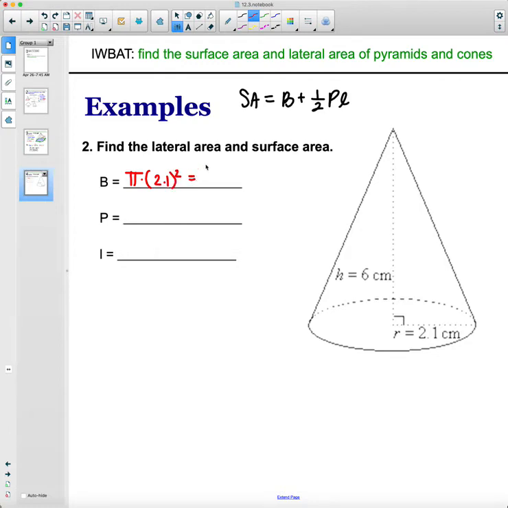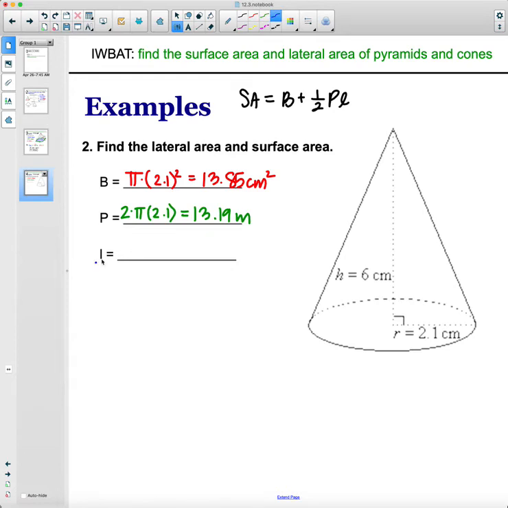Okay, so do 2.1 times 2.1 times 3.14, and you'll get 13.85 centimeters squared for the area of the base. Perimeter of the base is going to be 2 times pi times the radius, because we're looking at circumference, which is the same thing as perimeter. So 2 times 3.14 times 2.1, and you get 13.19.